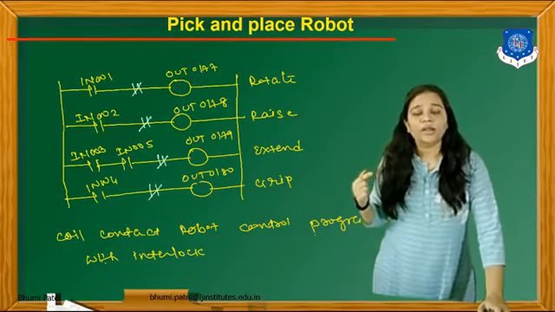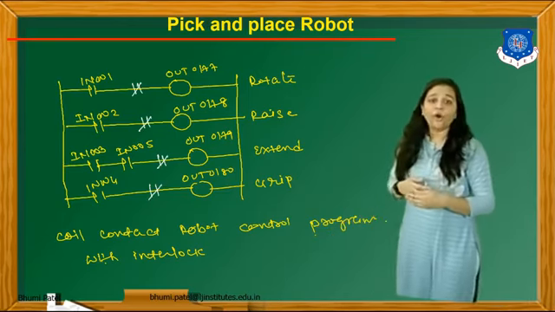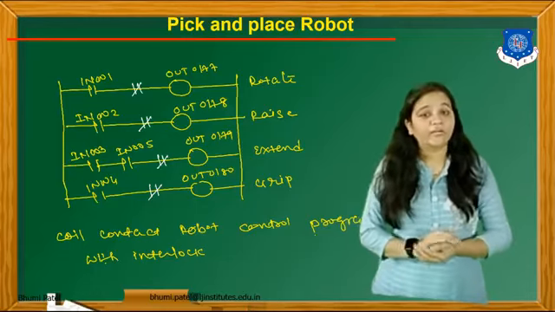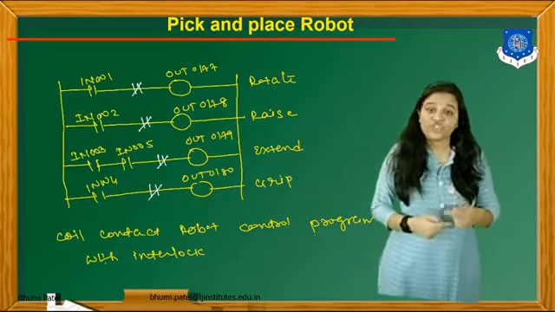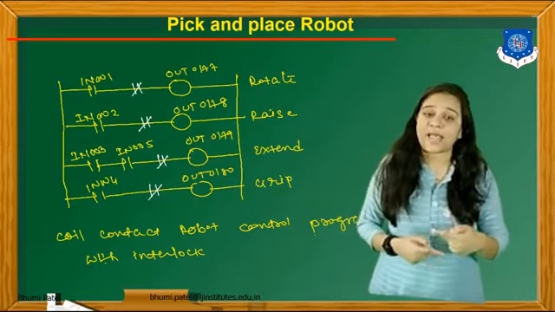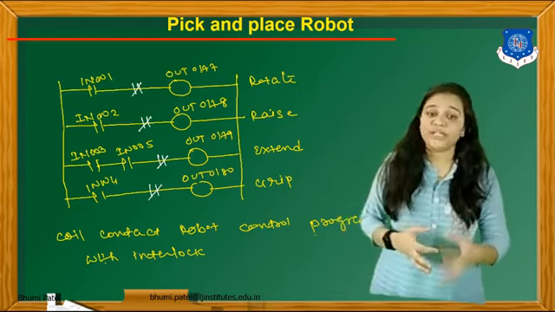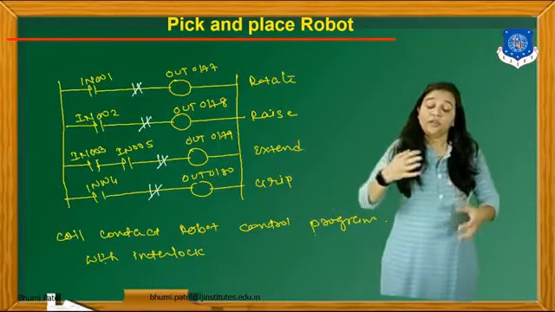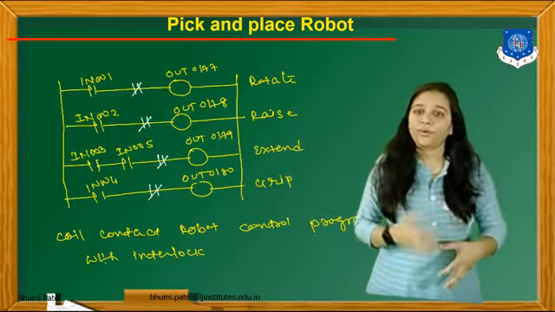We can take only one interlock here, but depending upon your output or your logic, you have to take more than one interlock for a particular rung, and you have to check that every position satisfies this particular truth table, because we have to decide some tasks for this pick and place robot, and then take some steps to execute my program.